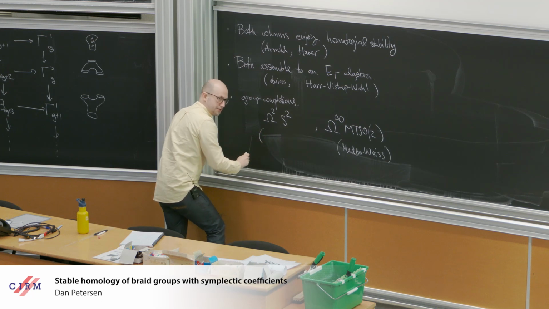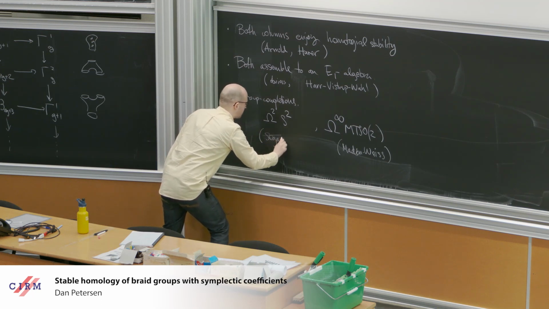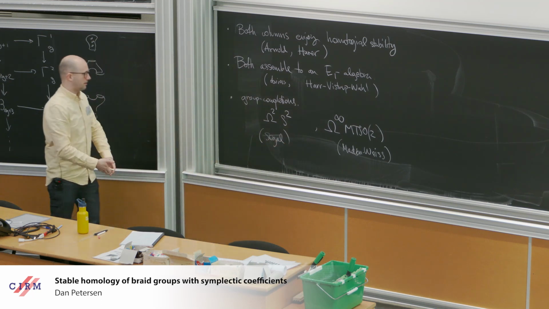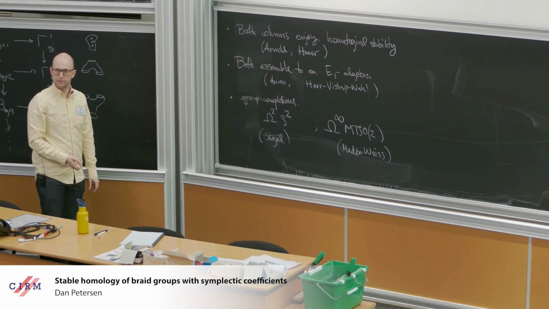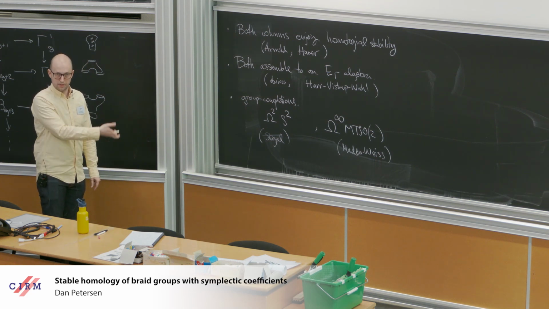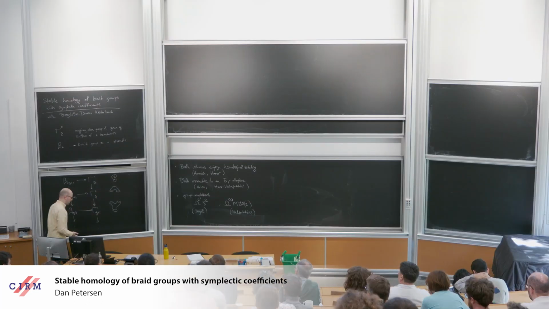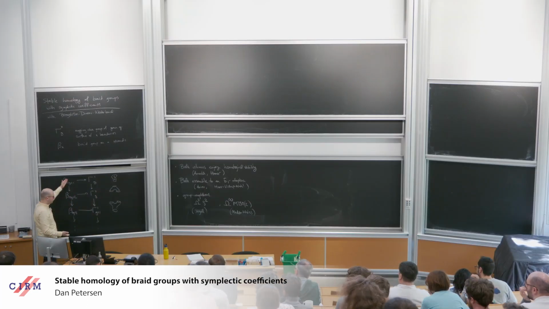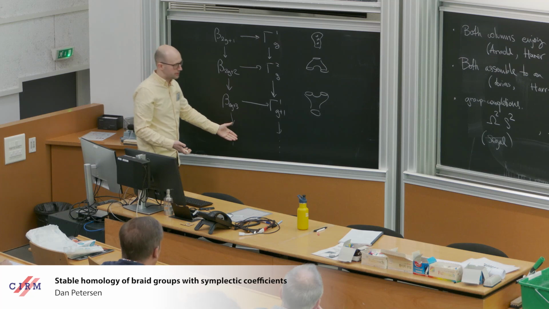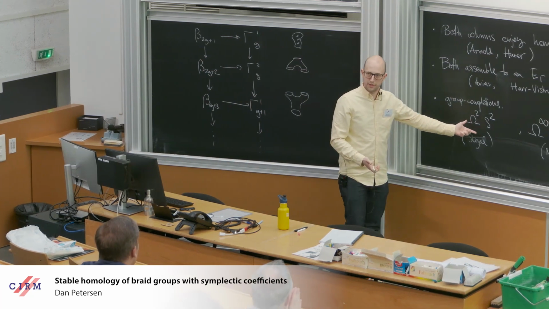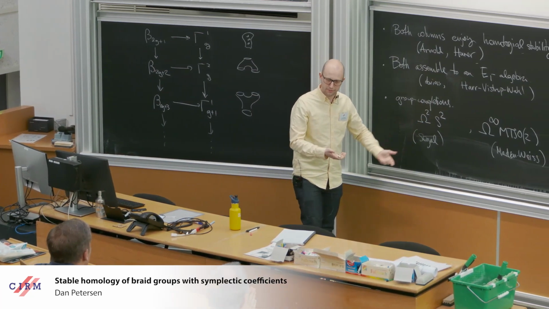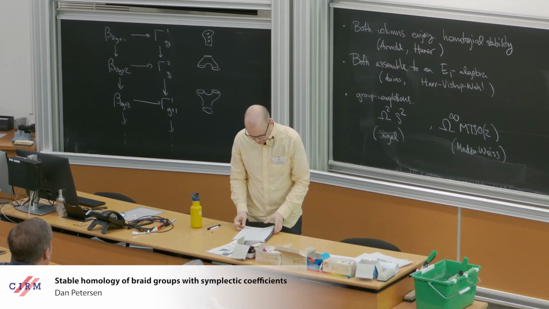This is originally due to Segal, and this was then generalized much further in Cohen, Lada, May. And the modern perspective is that this is the free E2 algebra on a point, and this is the free group complete E2 algebra on a point.